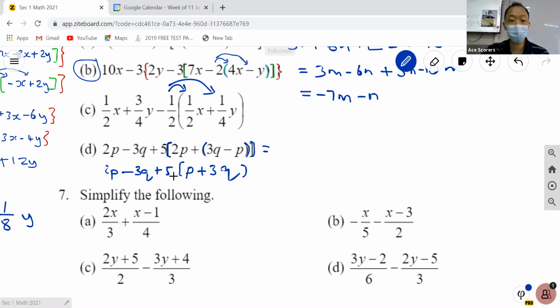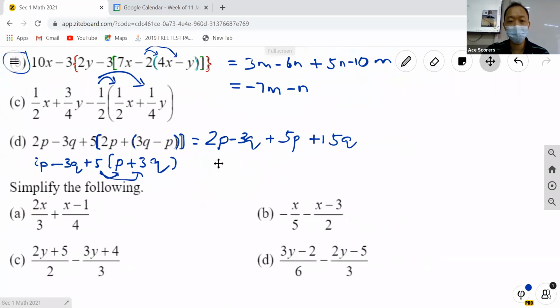Next, you got to do the rainbow. So 5, got the rainbow in. Here, just leave it like that. So I've got 2P minus 3Q, then rainbow 5 plus 5P, then 5 times 3 plus 15Q.